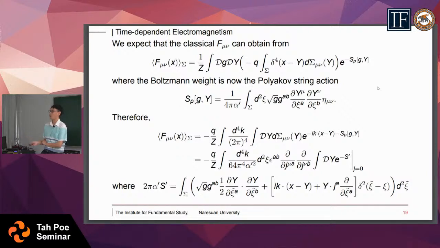The subscript P is the Polyakov string action, and the Polyakov string action is given here. Okay, and we are going to integrate out the degrees of freedom of the worldsheet of the string, where y is basically the space-time field, and G is the metric.